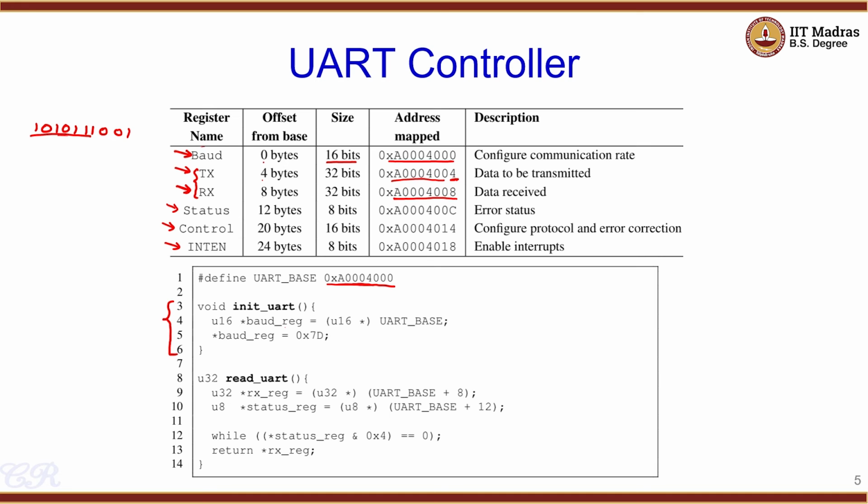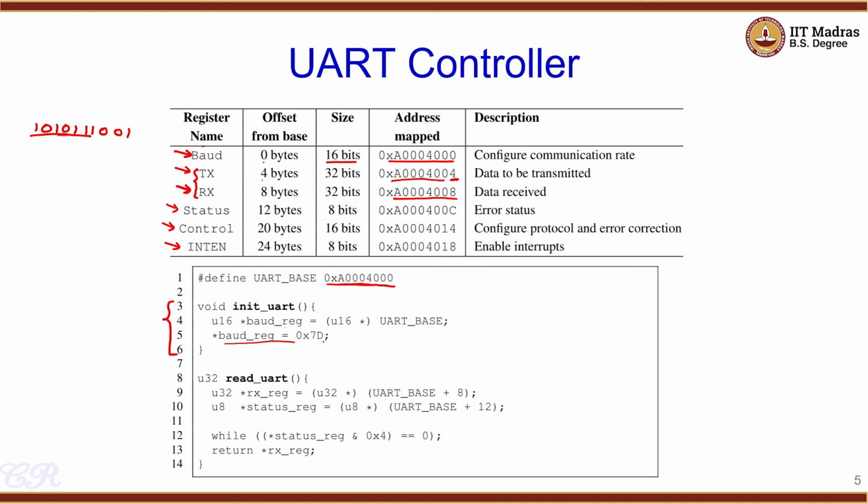Now, this statement *baud_reg = 0x70 is writing the value 0x70 into the memory location pointed to by baud_reg, which is the register called baud, which internally means that this value 0x70 is getting written into the baud register.